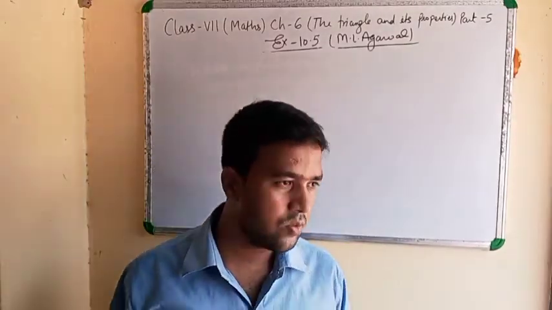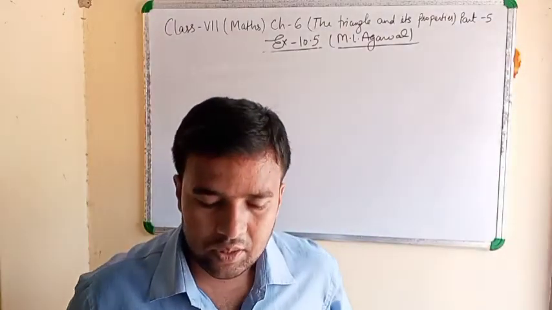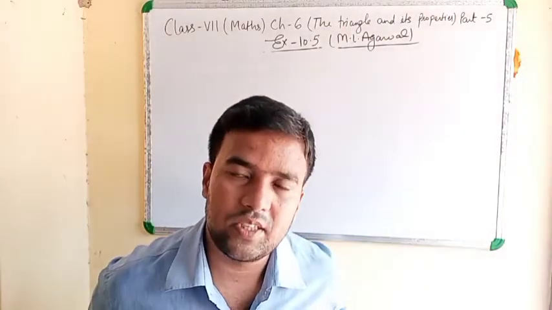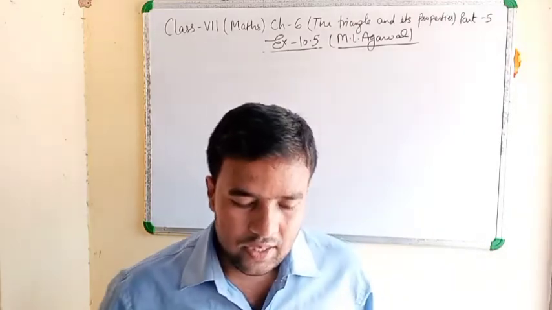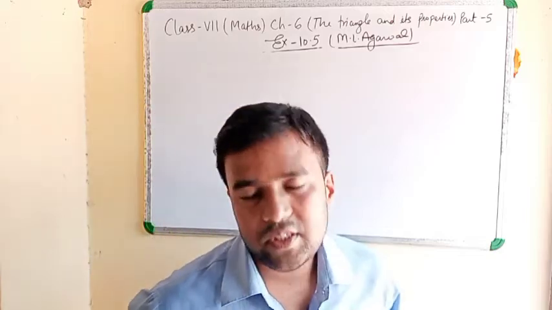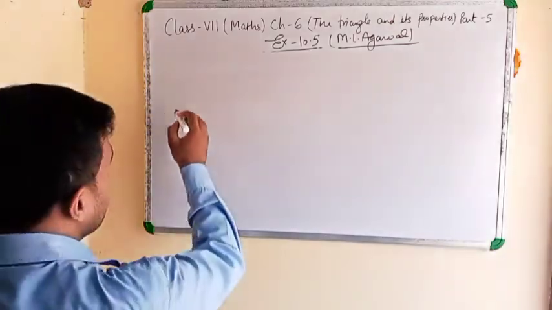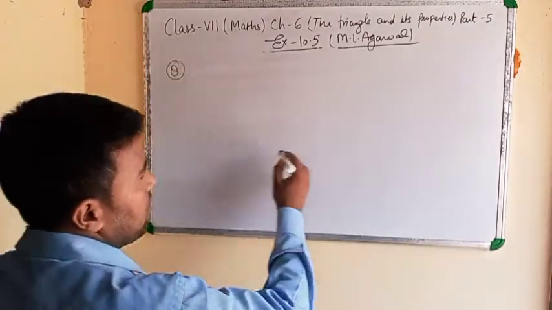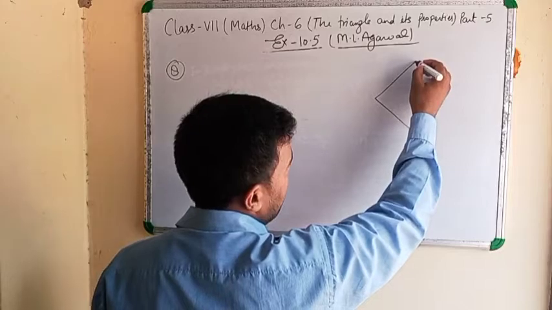Question number 7. If the diagonal of a rhombus measures 10 centimeter, find its perimeter. This type of question I told you in the previous video. Question number 8, side of rhombus is 5 centimeter. Clear? It is the last question. One rhombus is given.